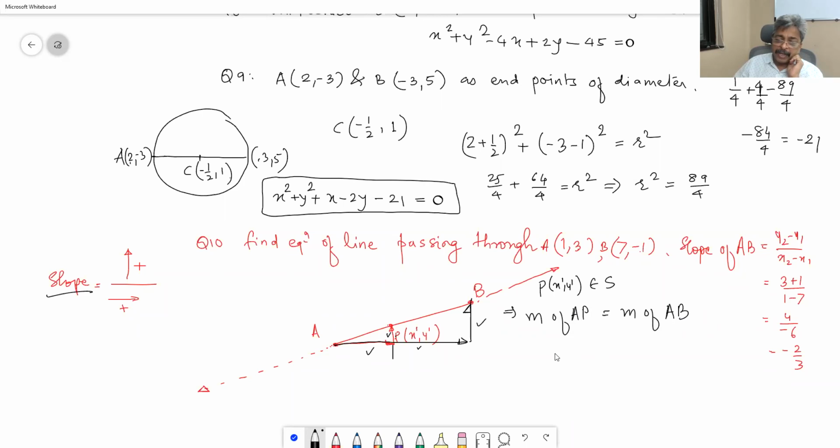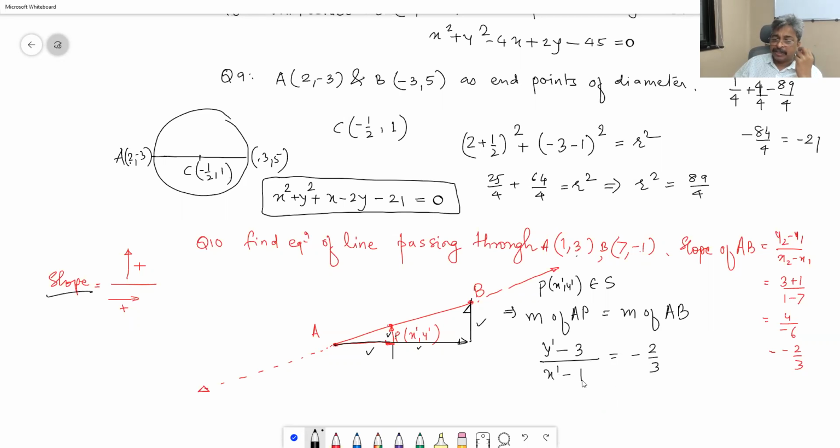So the slope of AP is (y dash minus 3) upon (x dash minus 1), which should be equal to the slope of AB, which we have already found out, so this is minus 2 by 3.